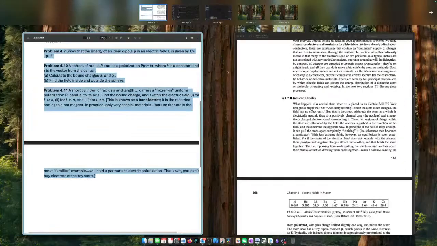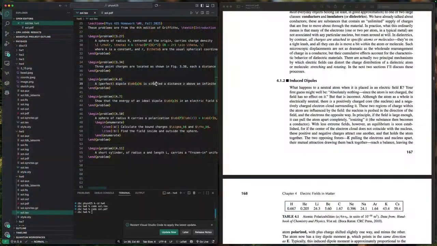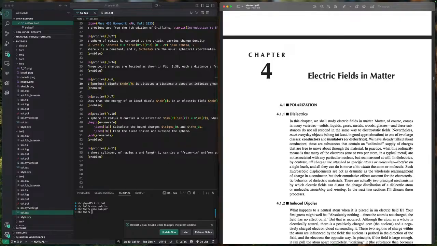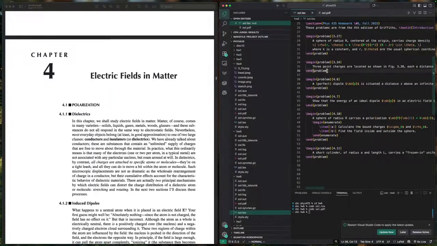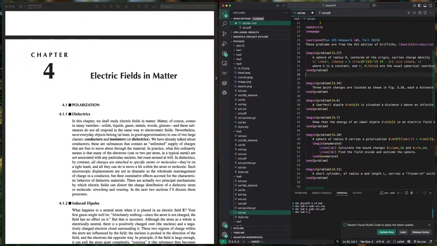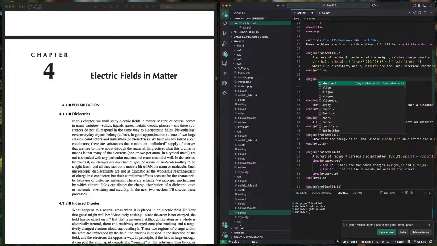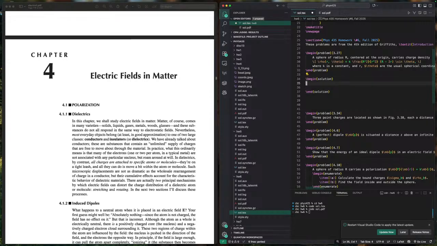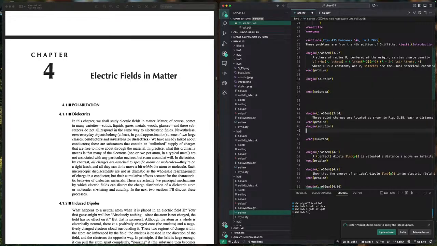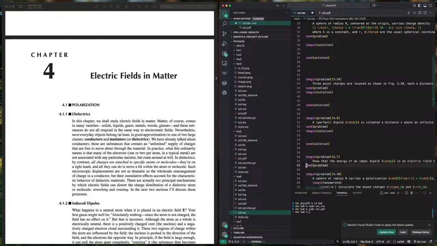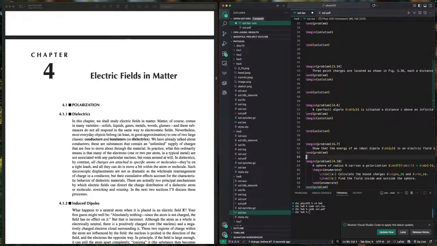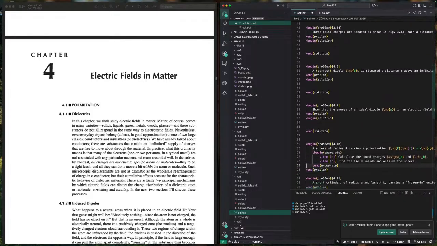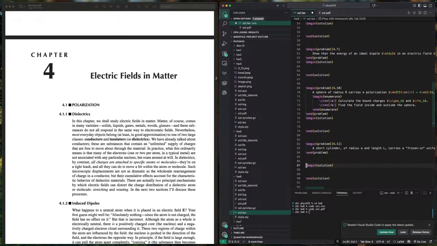All right, and then I will move this over for reference. And we can start typing.